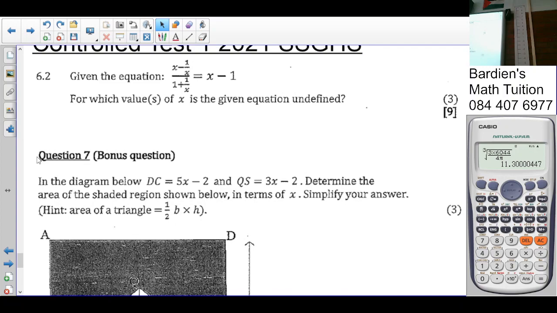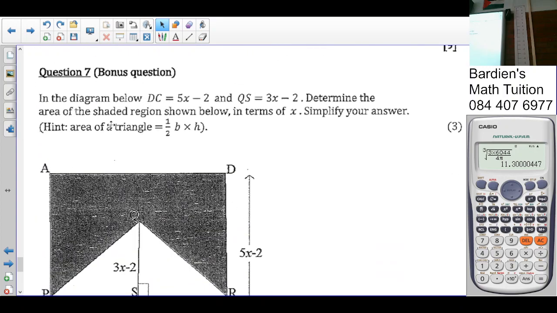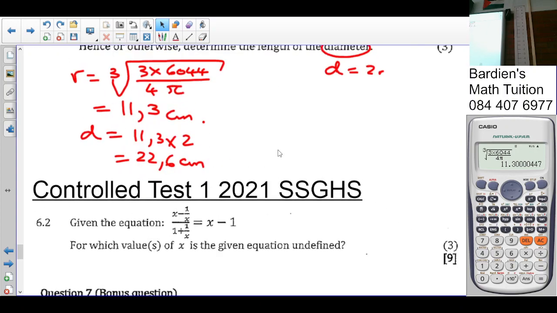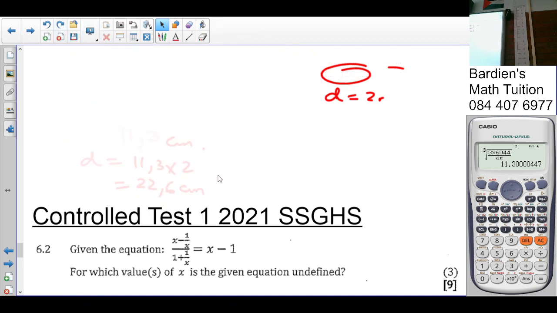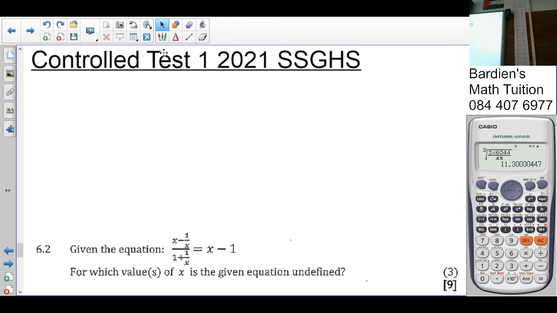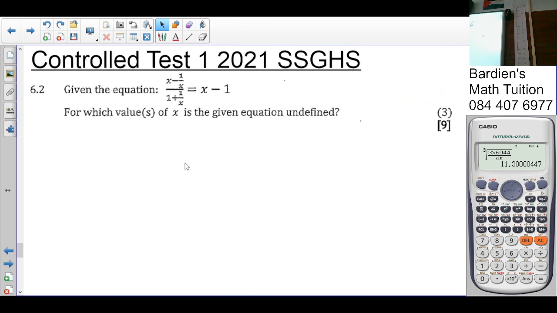In 6.2 we are told, given the equation (x minus 1 over x) over (1 plus 1 over x) is equal to x minus 1.